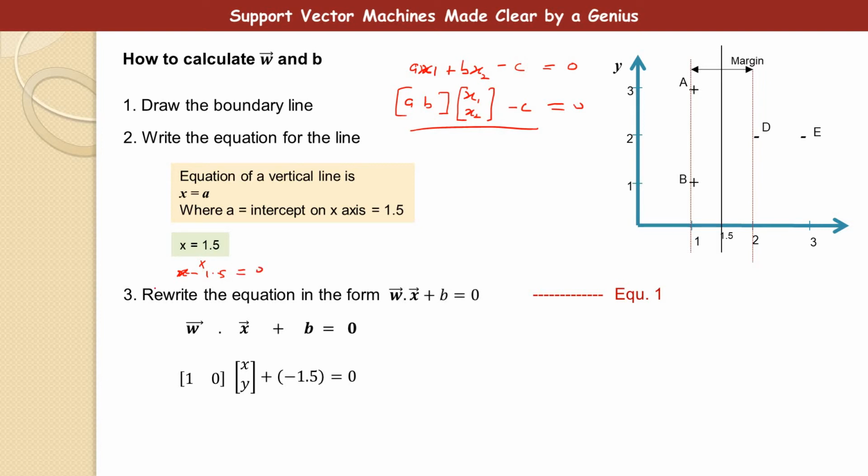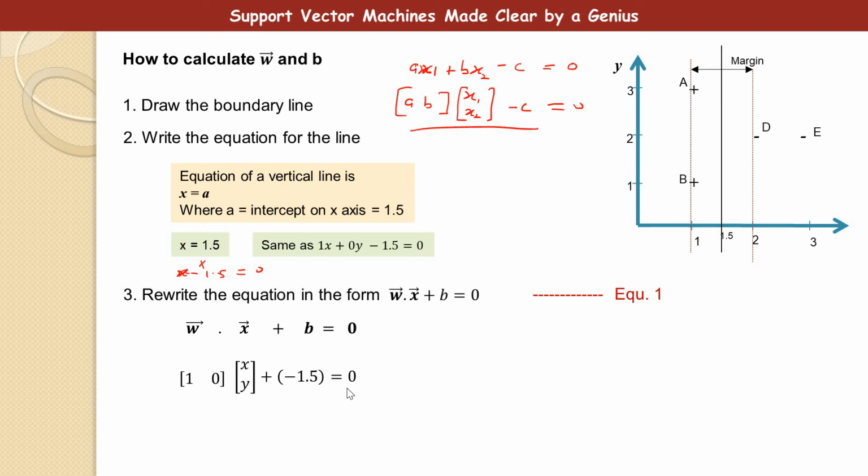So how did we get here? This equation x is equal to 1.5 is the same as 1x plus 0y minus 1.5 equal to 0. So if we write it in this form, we have 1, 0 times x, y, plus minus 1.5 equal to 0.